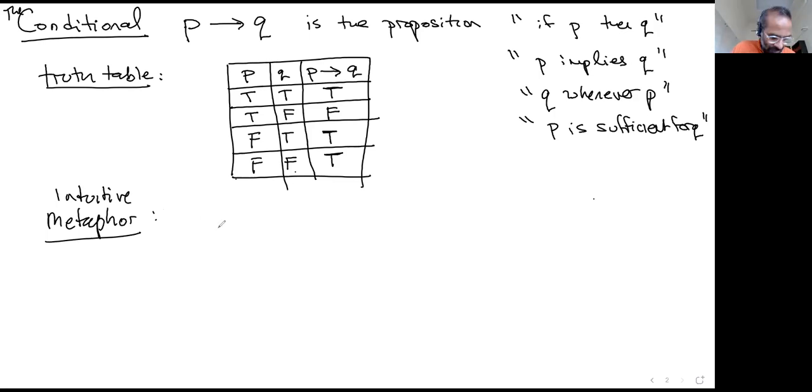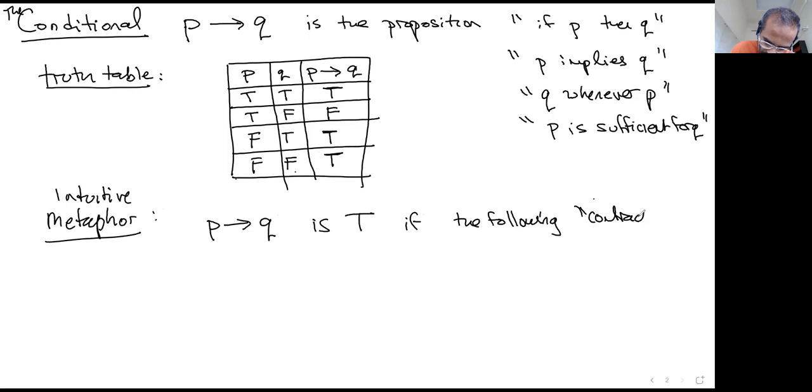Okay, so P implies Q is true if the following contract holds. The contract is, if P is true, then Q must be true.